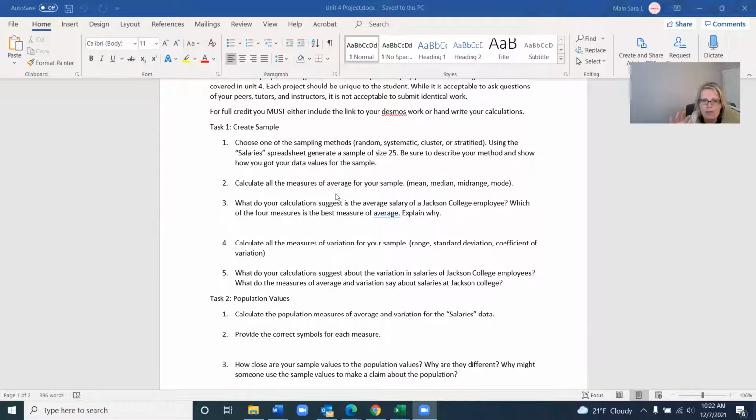Number 5 is asking you to compare those using the measures of variation: range, standard deviation, and coefficient of variation. And remember, in the 4.6 worksheet, there were 5 classes of exam data that I gave you. If you remember correctly, class 5 scored very high on their exam, but their standard deviation was super low. Class 6 was close as far as the average exam score, like 79%, but their standard deviation was very high.